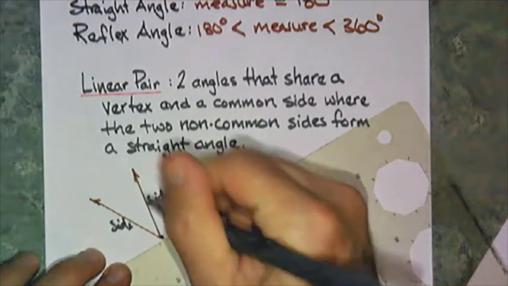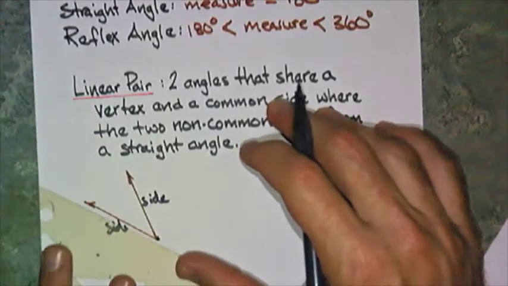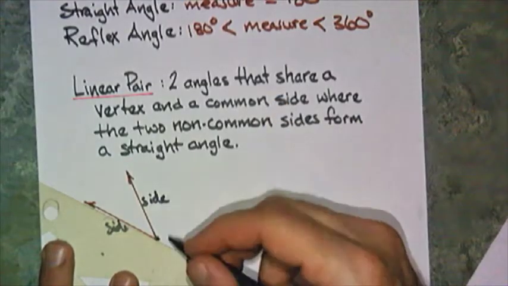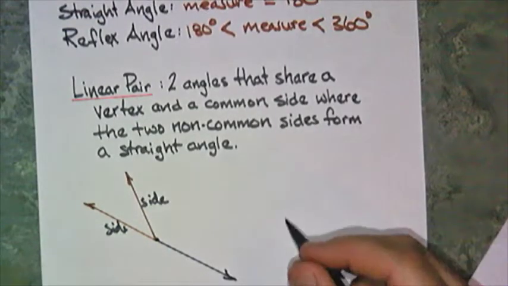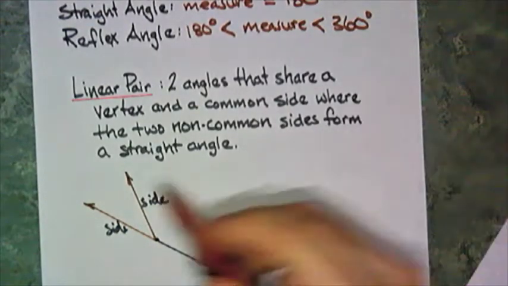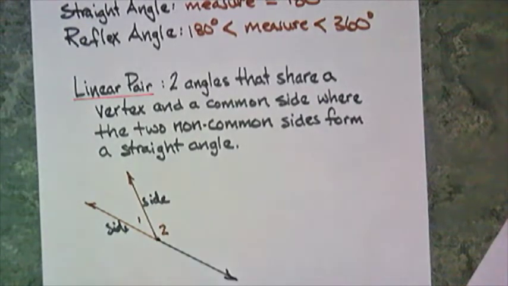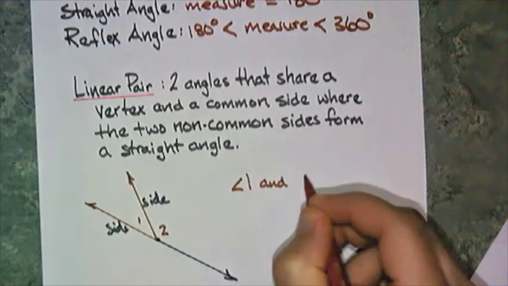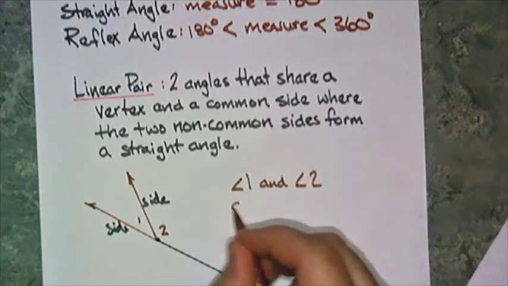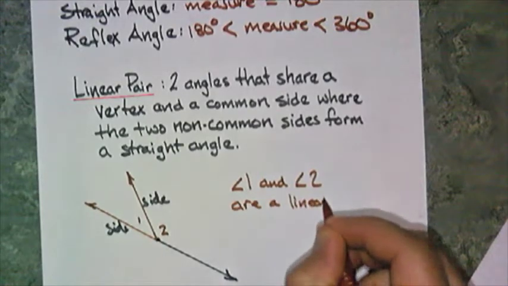So if I share this side here, these two must form a straight angle. So here is angle 1, here is angle 2. I can say that angle 1 and angle 2 are a linear pair.